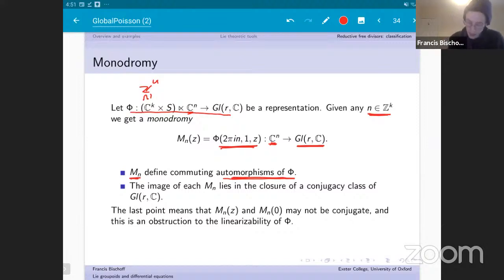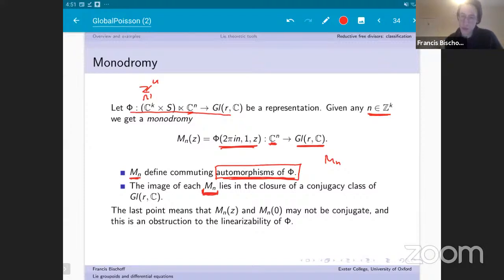Now, the fact that they are automorphisms of the representation means that when we restrict one of these monodromy elements to a single orbit, it will lie in a single conjugacy class. Then, because in this case the groupoid that's acting has a dense orbit, the image of one of these monodromy maps will lie in the closure of a conjugacy class.